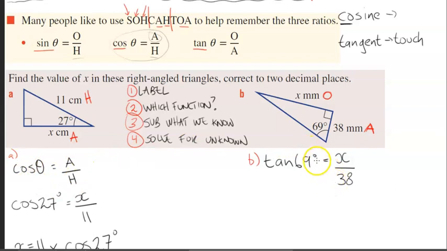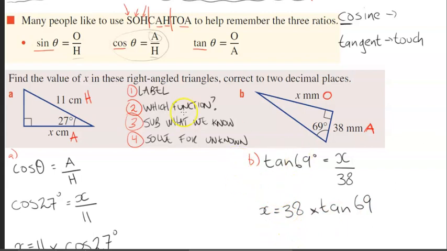I've jumped straight to the next line because I can just substitute the adjacent here, and the opposite, which we don't know, for here. Again, this line that we're trying to figure out is on the top of the fraction. So if this is the case, all we have to do is multiply the bottom number by the trigonometric function itself. So 38 times tan 69 degrees.